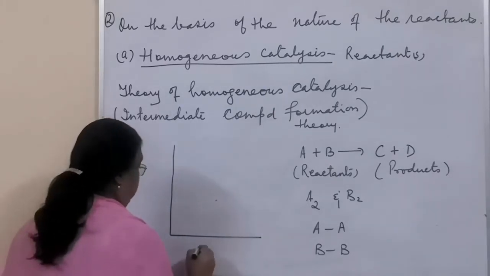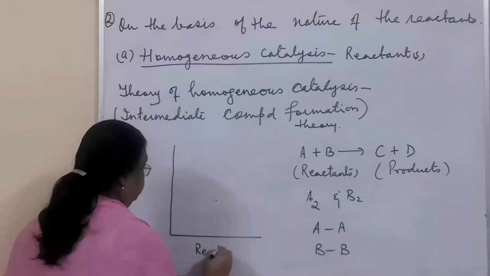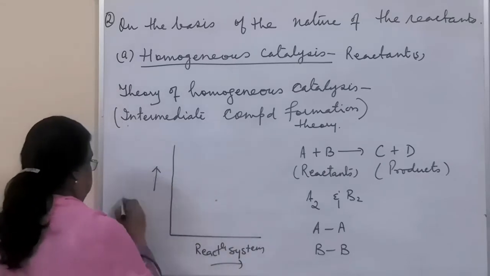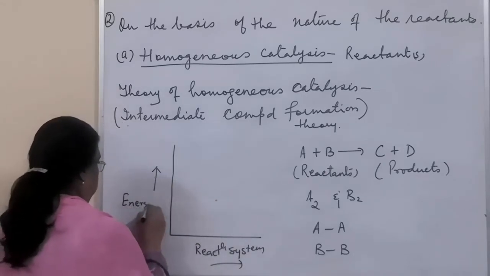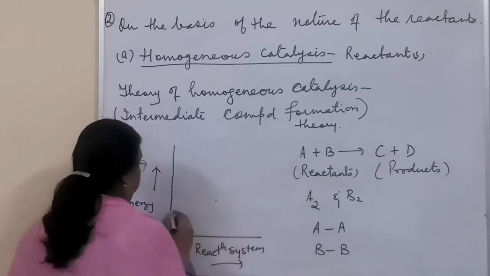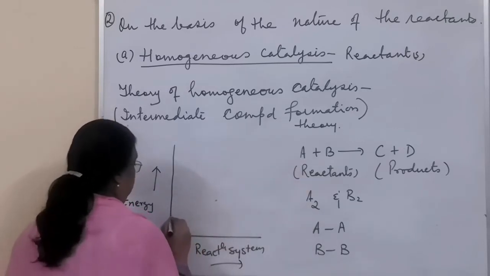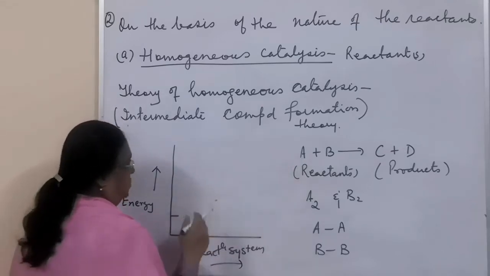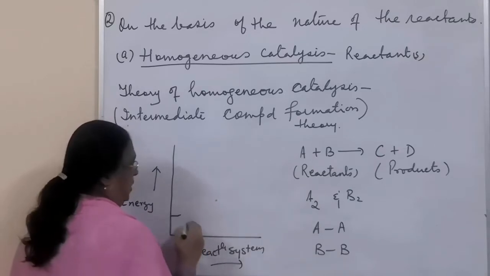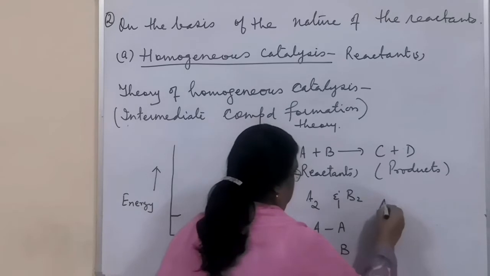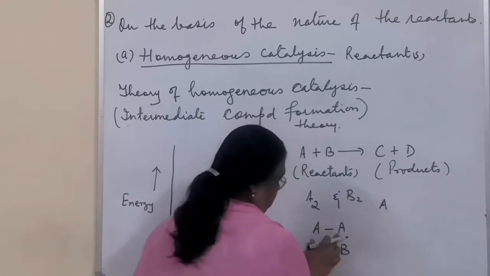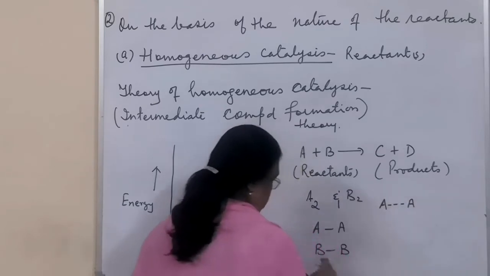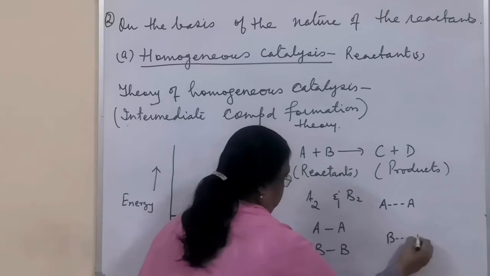So if here I take the reaction system, and here energy. These reactants have a certain amount of energy before the reaction, and when their energy is raised to a certain level, the A-A bond gets stretched and the B-B bond also gets stretched.